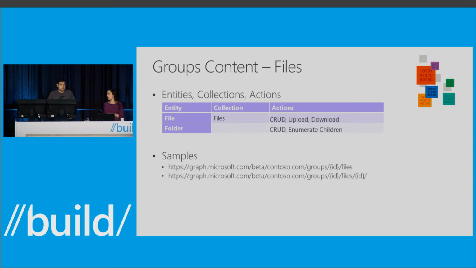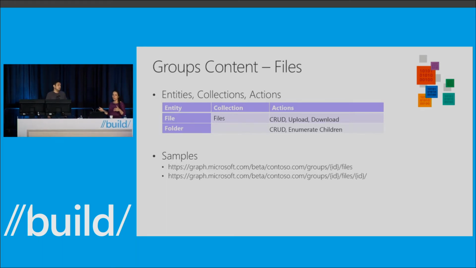Some examples on the files requests: once I have a particular group, I can go to /files. I'll see the enumeration of all files and folders that belong to that particular group. And using the canonical IDs, I can navigate to either a file or a folder, and I can look at the same properties that are part of the file.